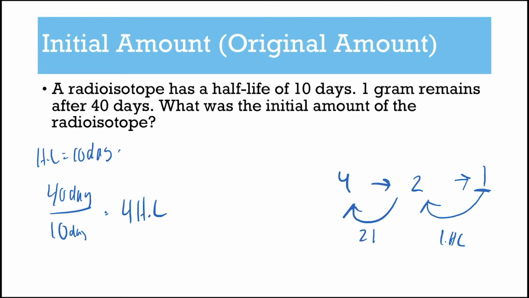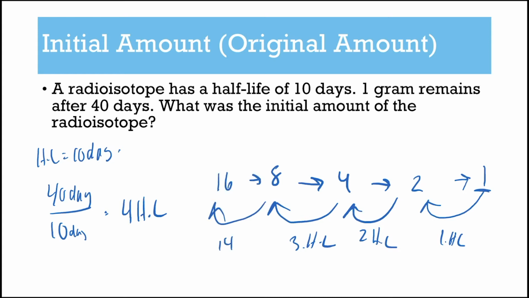So now this is 2 half-lives that we've gone back. Now before it was 4, it was 8. And that represents 3 half-lives we've gone through. And before it was 8, it was 16. And that is 4 half-lives. So what this tells us is that 16 grams was our starting material. And again, you can kind of work forward and backwards to see what that is.